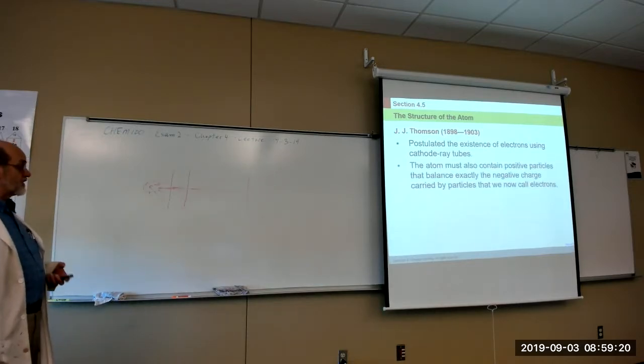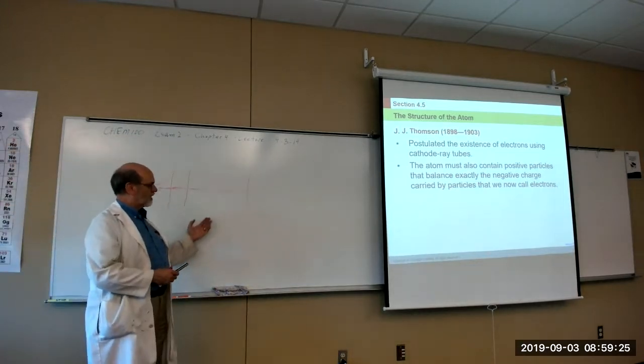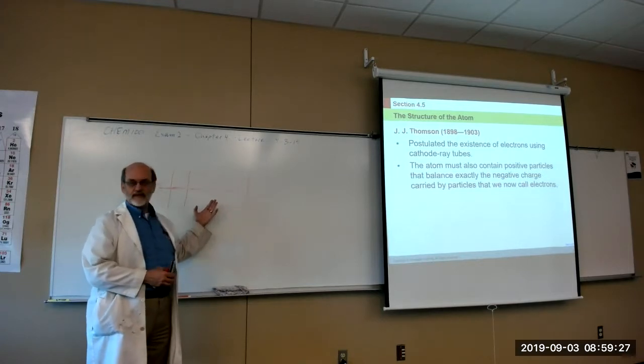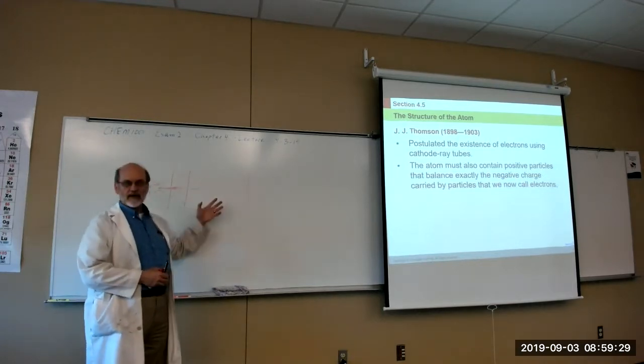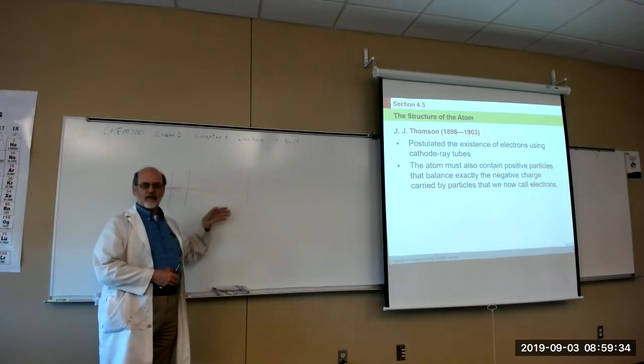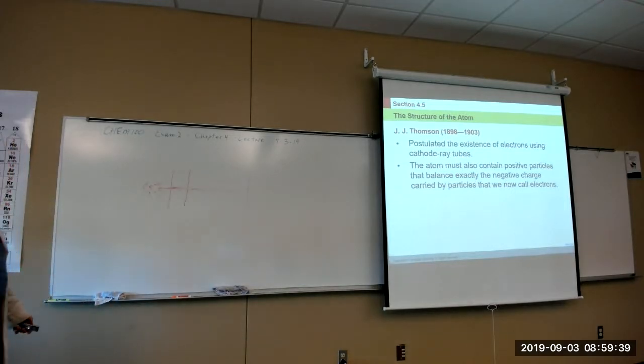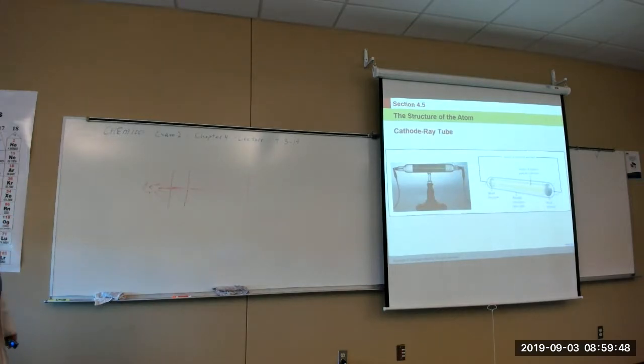And J.J. Thomson did some work with magnetic fields, and whenever he brought a magnetic field near, the positive side of the magnet made the beam bend one way, and the North Pole went one way, and the South Pole went the other way. So he knew he had a charged particle. And he postulated that these particles were negatively charged, and he called them electrons. This is a recreation of his cathode ray tube.